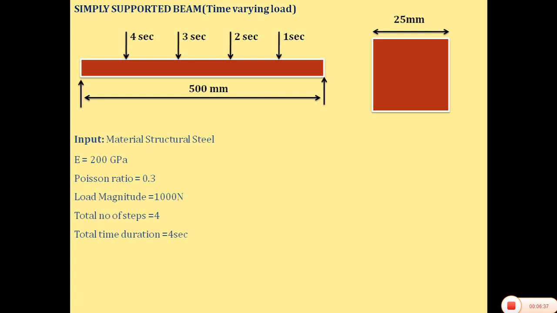After the third second, there is another load of 1000 Newton, and another load of 1000 Newton after 4 seconds. It means all the loads we apply on this beam are not at the same time; they change with respect to time, and we will see how it gets solved using ANSYS Workbench.